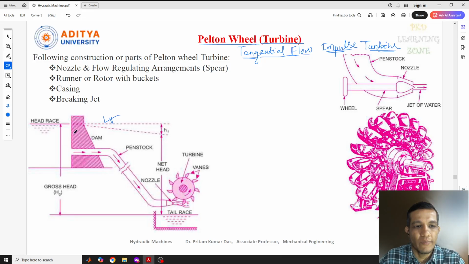So this is a dam. From this dam, the water is stored here, and the water flows through these penstocks, or long pipes, and it is discharged here at the nozzle of this pipe. Here, the water which comes out from the nozzle will strike this bucket or vane, tangentially. That's why it is called tangential flow.